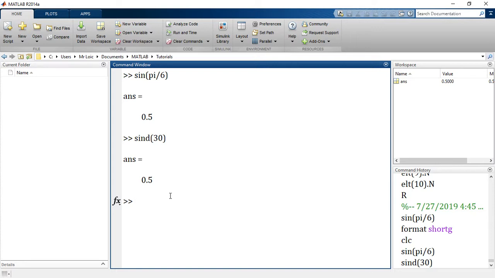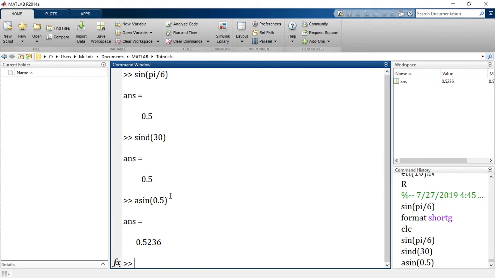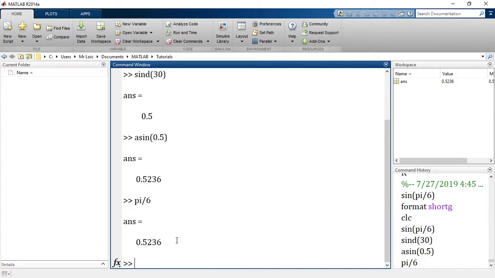It can also go the other way around. If I say asin, the inverse of sine, for 0.5, let's compare it to pi on 6 and see what that gives us. You see, it's the same: 0.5236, 0.5236. So asin of 0.5 gives us the angle in radians.